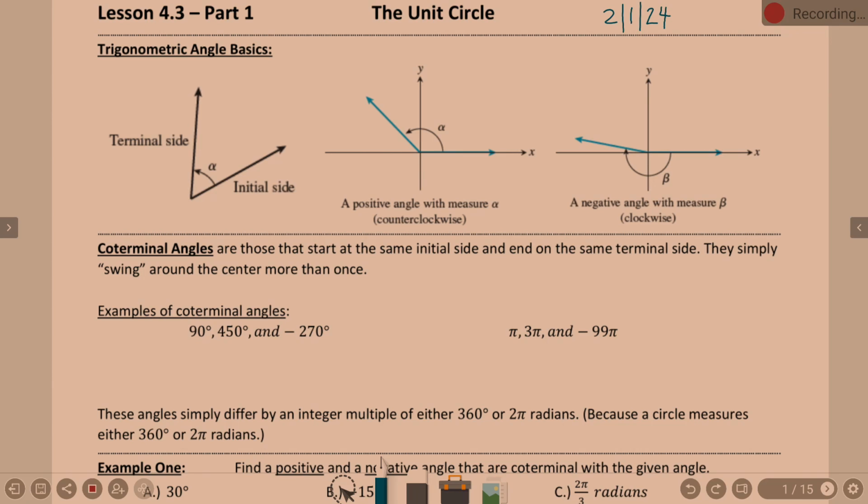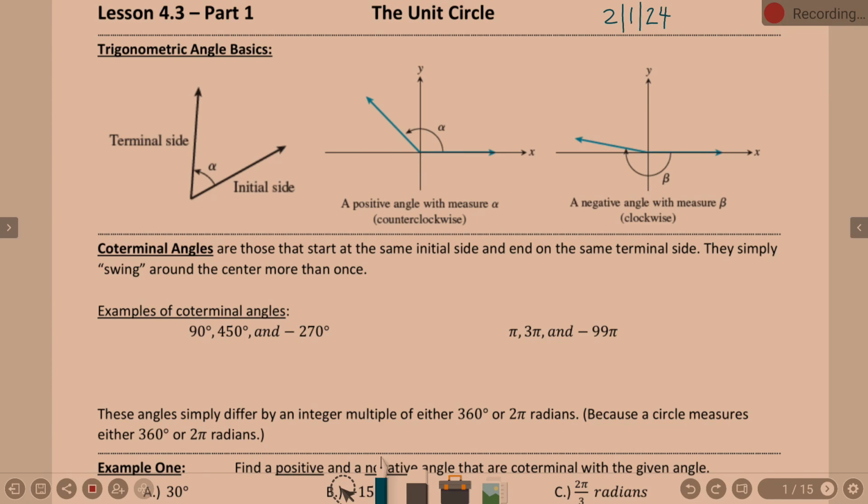Will they all start at 0? Yes. I'm trying to think of exceptions, and I'm not coming up with any. So the general rule of thumb is they start at 0. I'm not saying there won't be exceptions, but general rule of thumb, think 0. Now, a positive angle with a measure of alpha goes counterclockwise.